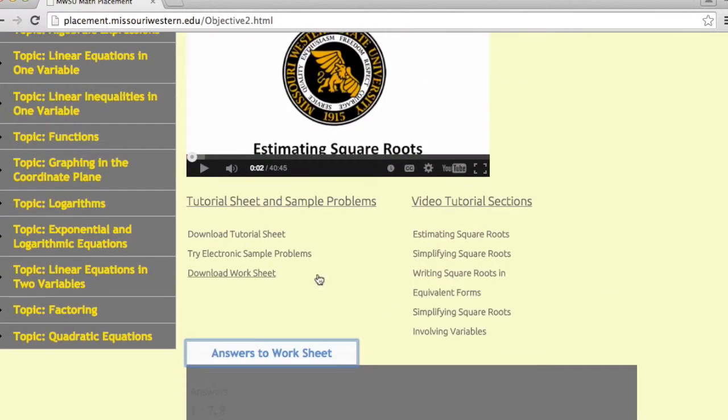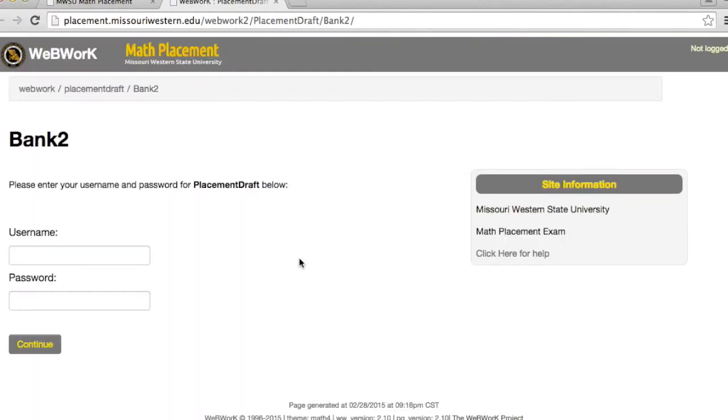Also, we have electronic versions of these problems available. Again, to access this, you're going to use your G number and the password being the month, day of your birth date.